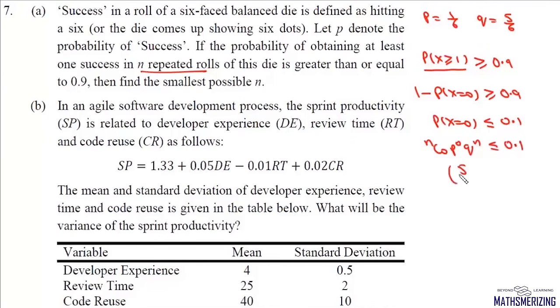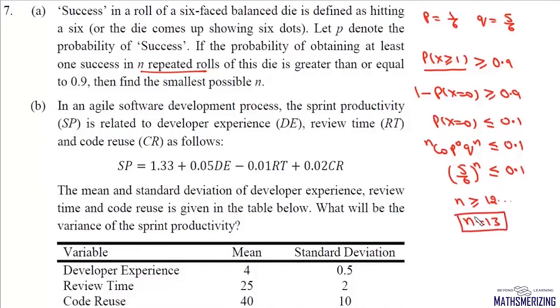Now q is (5 by 6) to the power n, and will be less than 0.1. Now if we take log and solve, we'll get n greater than or equal to 12 point something. So basically the smallest possible value of n must be 13, and that is the answer to this question.